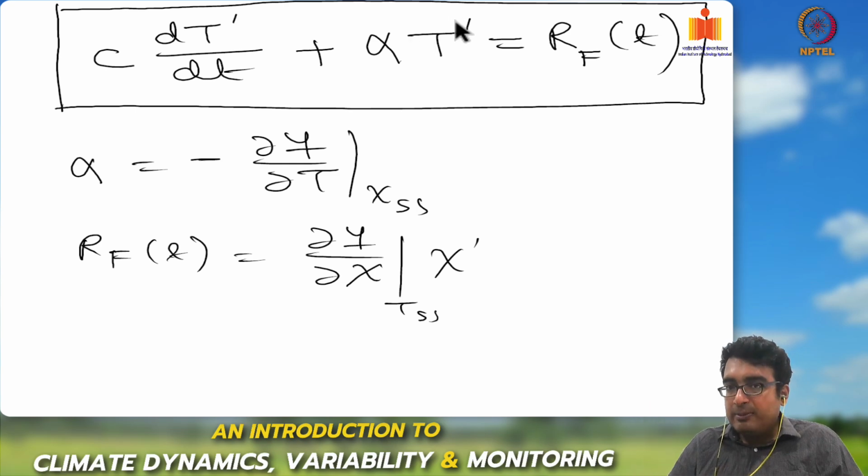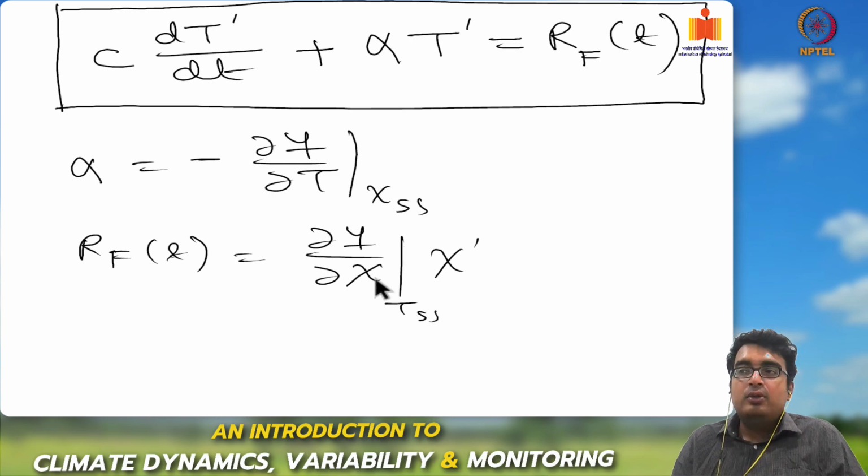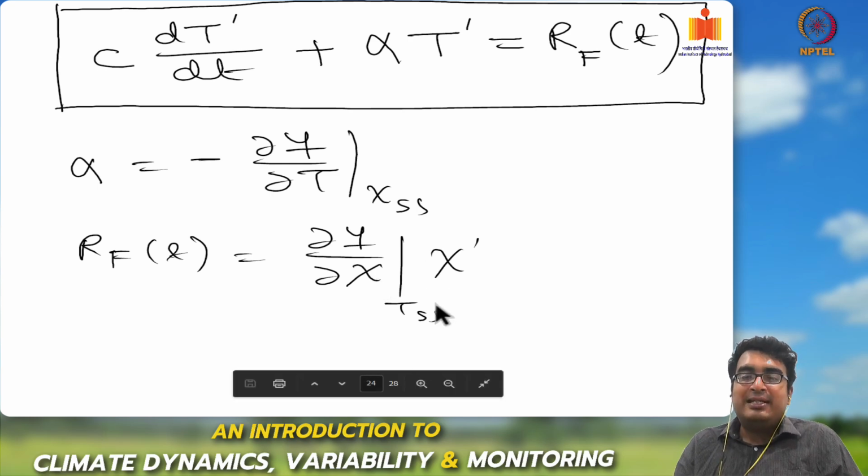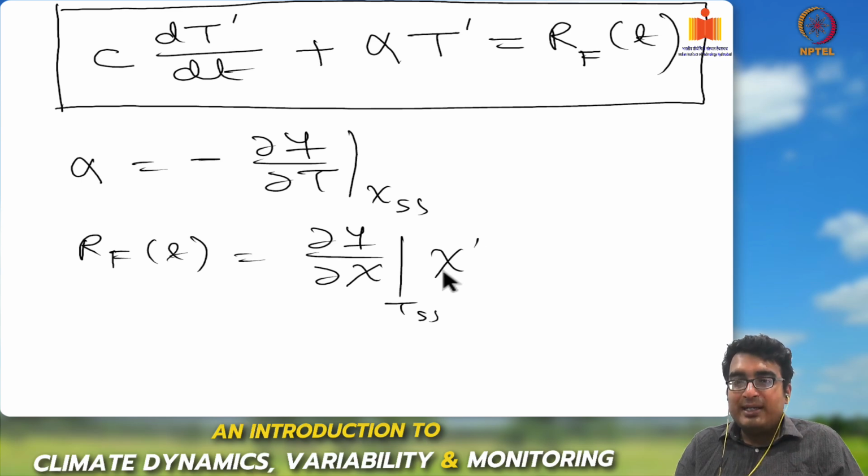So alpha into T prime equals the time dependent radiative forcing term, which is defined here as the change in the net long wave radiation at the tropopause level due to a change in the greenhouse gas concentration, like the concentration of CO2 gas, around the steady state temperature TSS due to a small increase or decrease of the greenhouse gas concentration X prime.